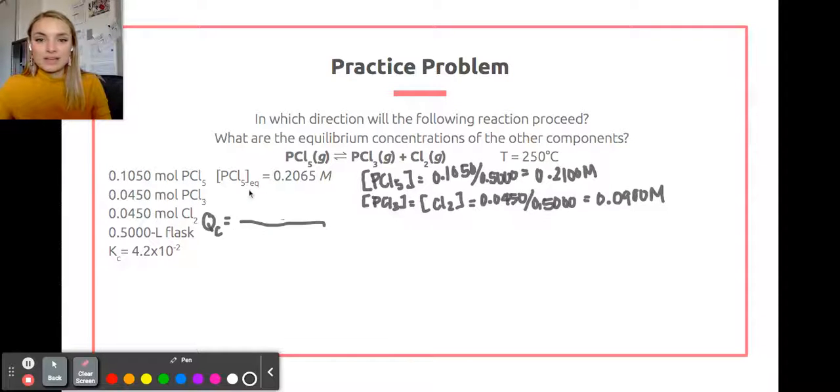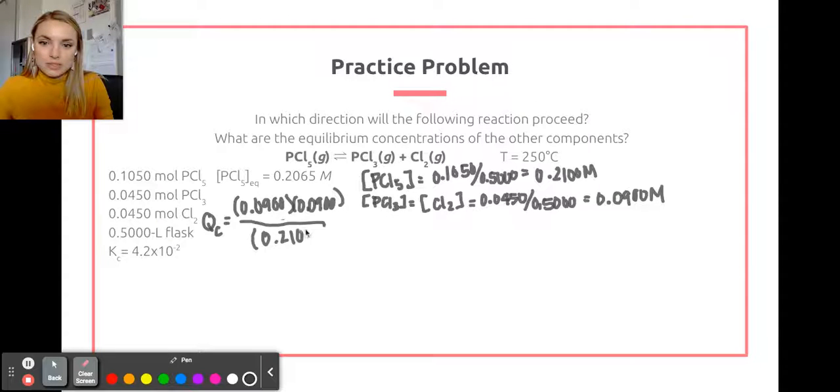And that will look something like this. 0.0900 times 0.0900 divided by 0.2100. When we simplify that, what we see is Q, or our reaction quotient, is equal to 3.86 times 10 to the negative second.